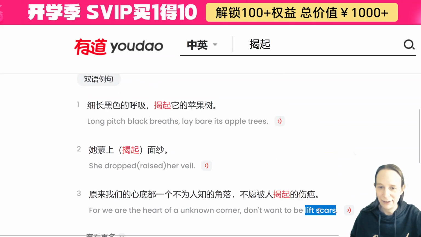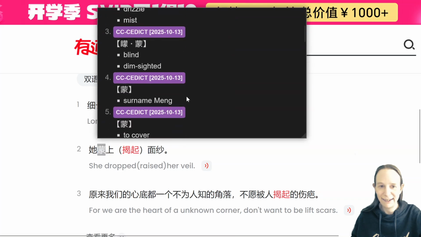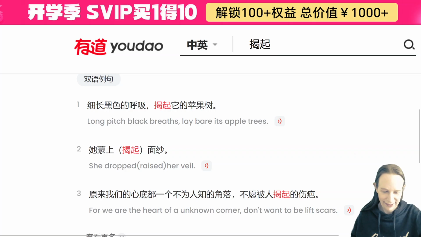More like reveal. 不愿被人揭起了伤疤. 他蒙上揭起面纱. What is 蒙上? I don't know. Let us continue on with our mission.